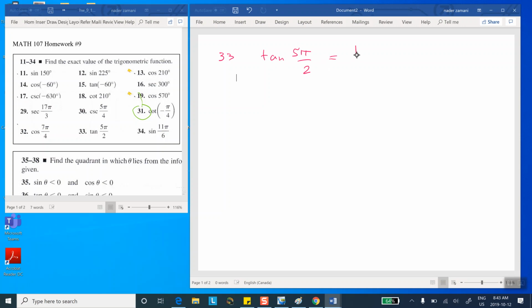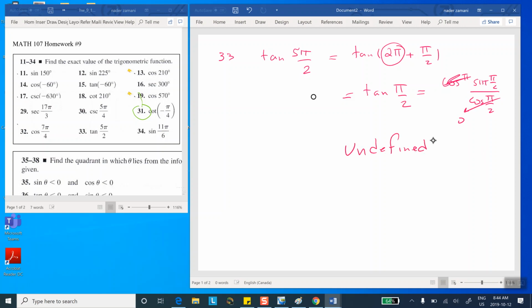I'm going to write this thing as tangent of 2 pi plus pi over 2. But the period of tangent is pi, therefore I can immediately write this thing as tangent of pi over 2. This is 2 pi, that's double the period, that's okay. And tangent of pi over 2 is, remember, sine pi over 2 over cos pi over 2. And cos pi over 2 is 0, so this is undefined.